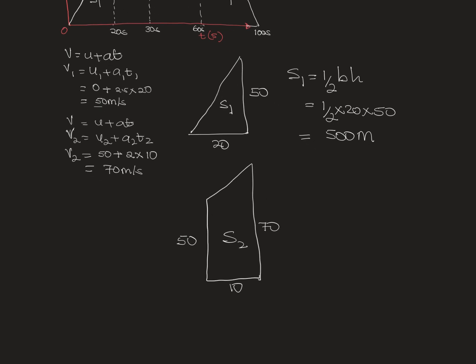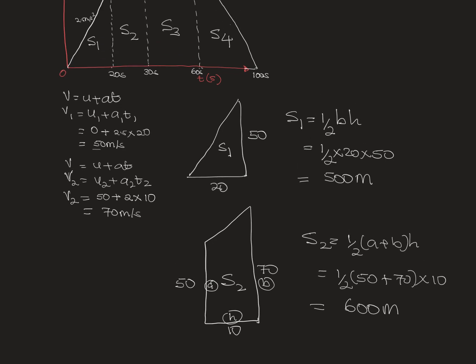So the area of S2 is equal to half (A plus B) times H. That's the area of a trapezium, where this side will be A, this will be B, and this will be H. So S2 is half, A is 50, B is 70, and the height is 10. So what do we get as a total? We're going to have 600 meters.